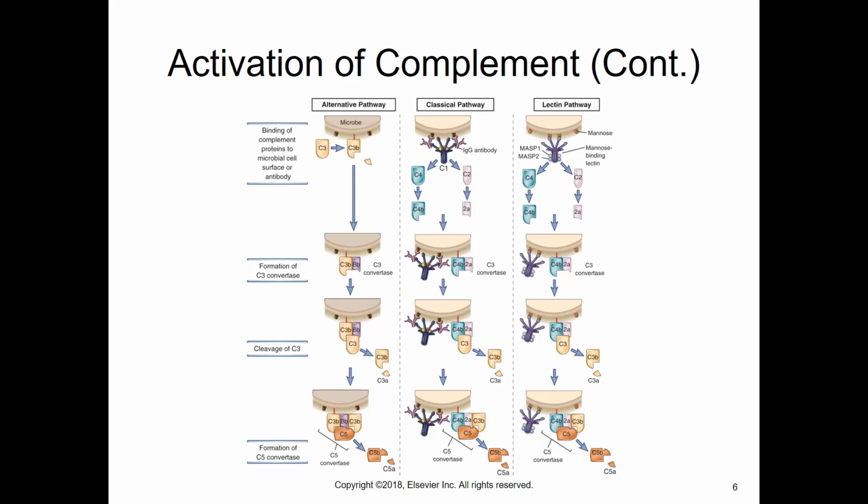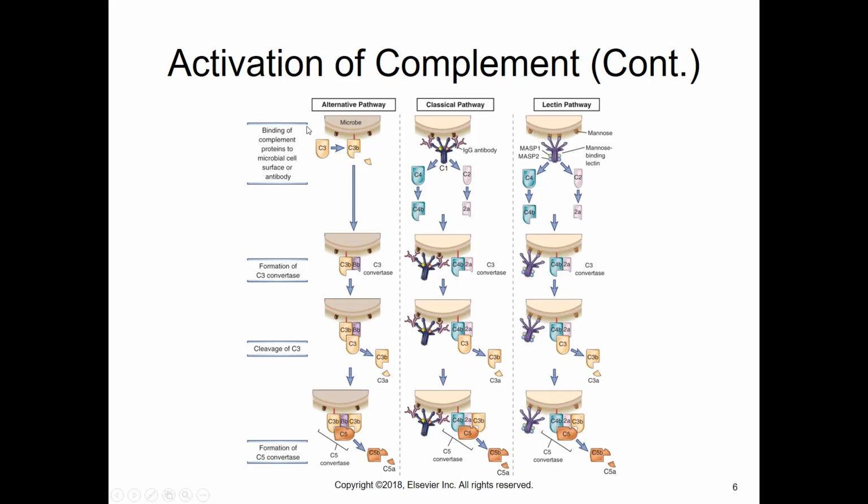So, activation of complement. Normally, complement components are present in the circulation in inactive form. These are already in our body, these proteins, they're just inactive, okay? And what activates them, which we're going to talk about in a minute, is a microbe for the alternative pathway.